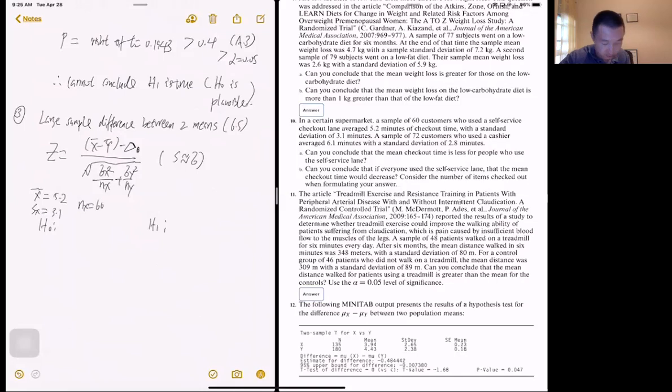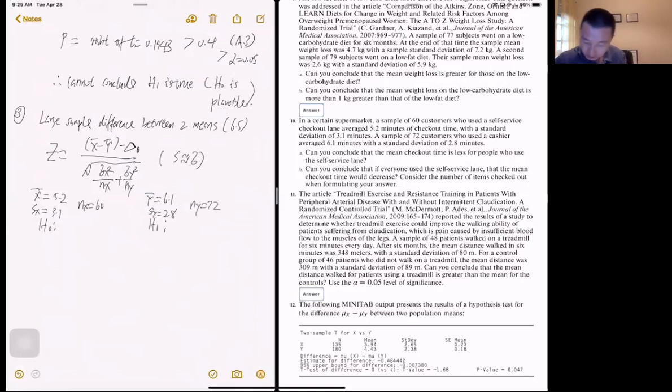For Y, the cashier, the mean is 6.1, the sample standard deviation is 2.8, and the sample size is 72.